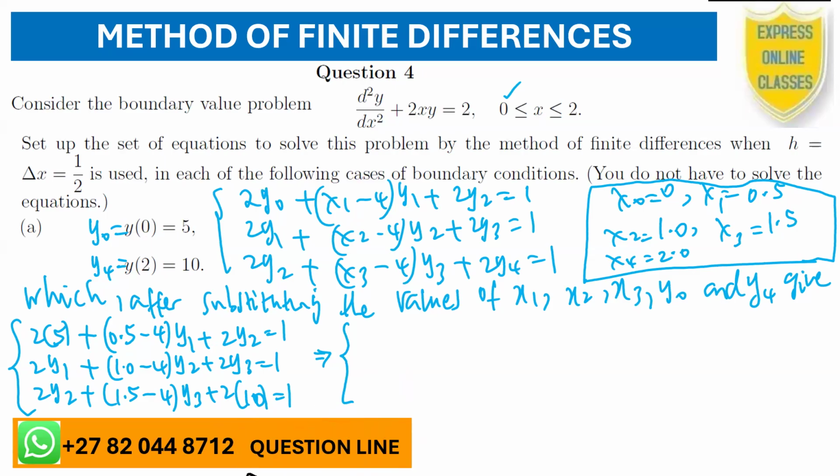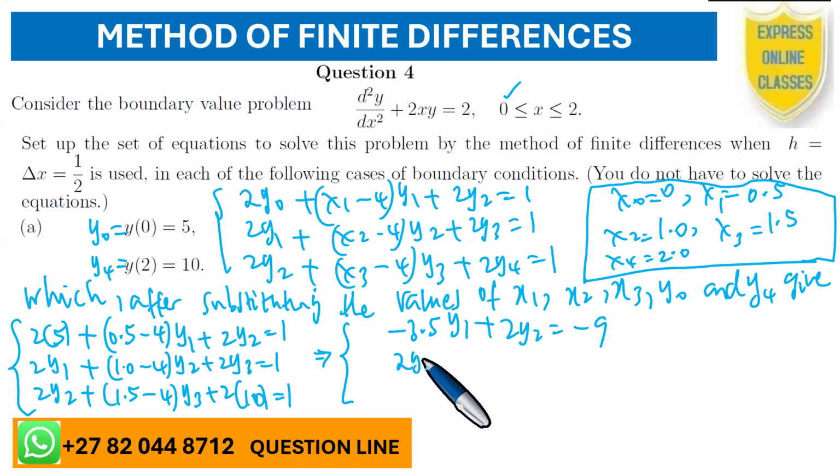So now, let us simplify everything here. 2 times 5, what is 2 times 5? It's 10. We have 1 minus 10, which is a minus 9. But 0.5 minus 4 is a minus 3.5. y1 plus double y2, and it's a minus 9. Okay, now 2y1. What is 1 minus 4? It's a minus 3.